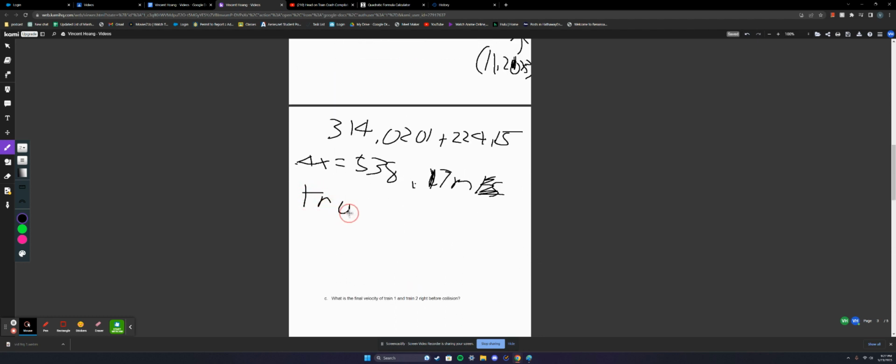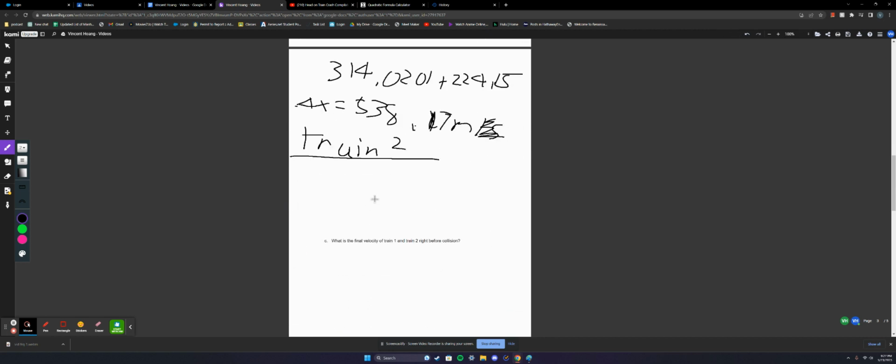Then now we do train 2, using the same concept, the displacement formula.